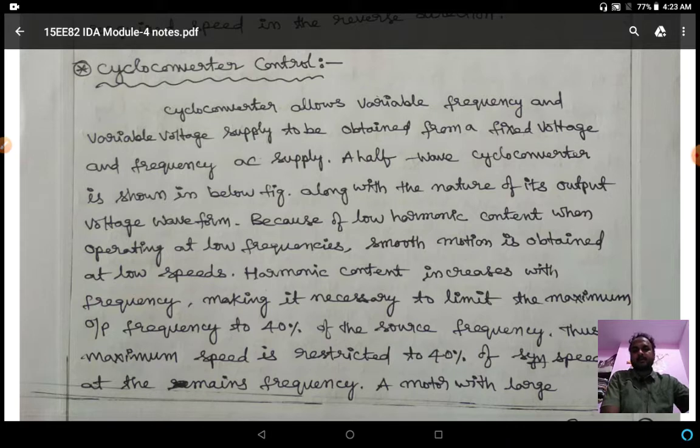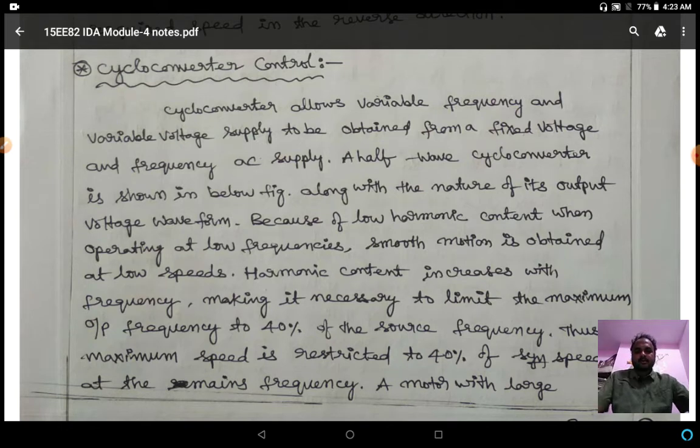Coming to the cycloconverter controller, it allows a variable frequency and variable voltage supply to be obtained from a fixed voltage and frequency AC supply. Here we will see the half wave cycloconverter in the below figure.